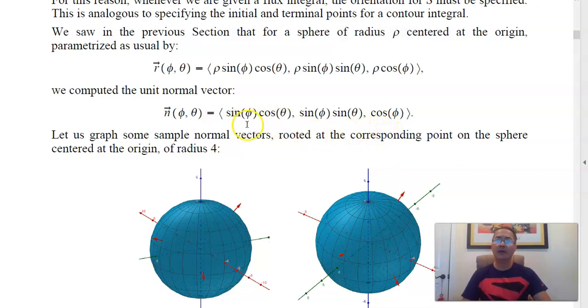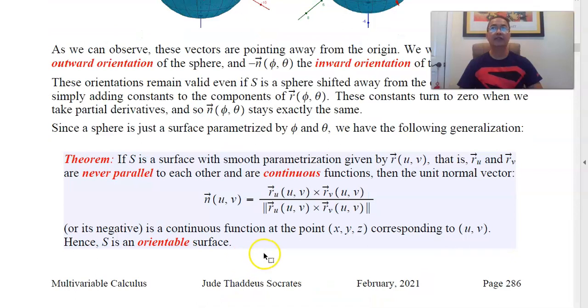And we discovered it's actually already a unit vector. If you plot some of those vectors for various values of phi and theta, you will get these outward facing normal vectors.